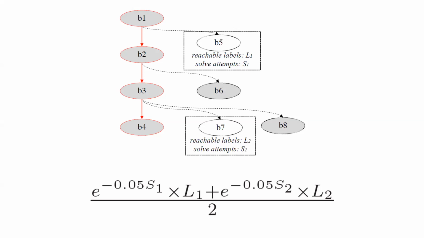So what do the red lines mean? I mean the B1, 2, 3, 4. Is that a covered branch or not? Also, I feel that given a seed, it cannot cover B6 and B8 at the same time.